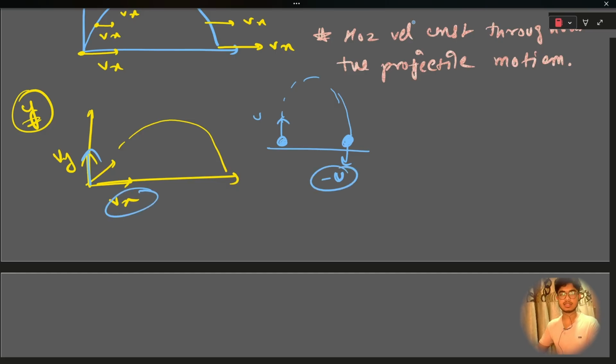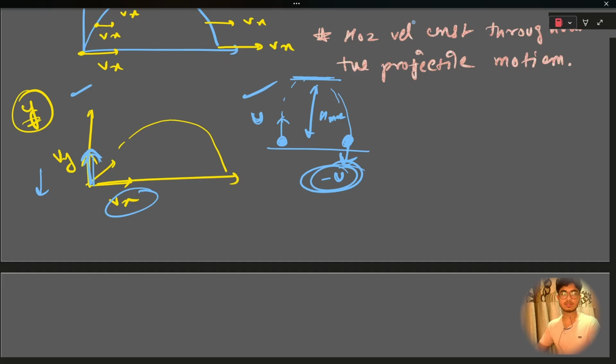So we can picturize the motion like this. What happened here? A ball was thrown with velocity u, it became 0 at the top, at the maximum height, and it fell down with the same velocity, just in the opposite direction. Exactly the same thing is happening here.